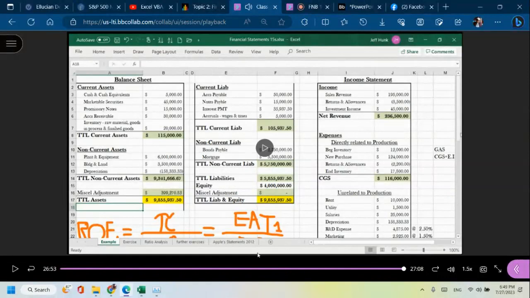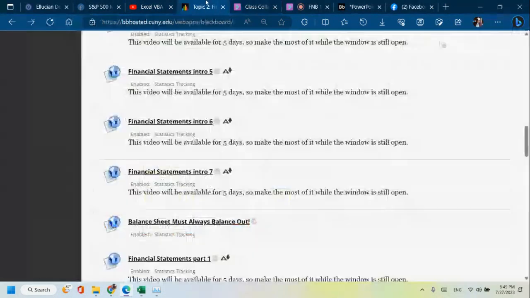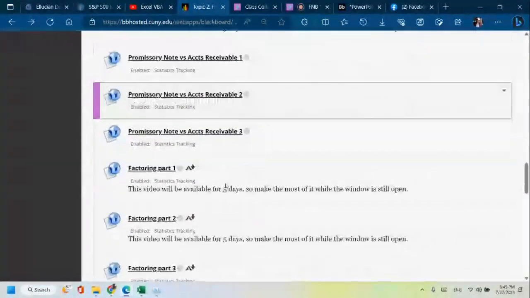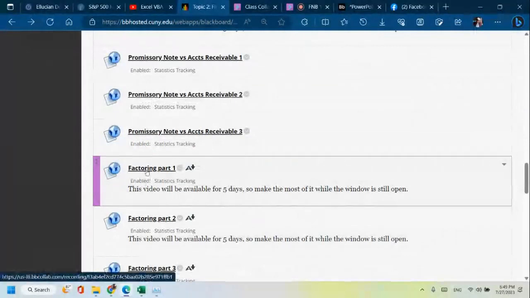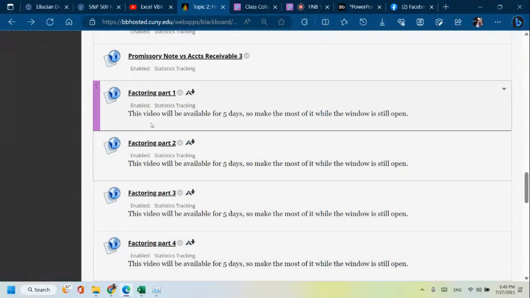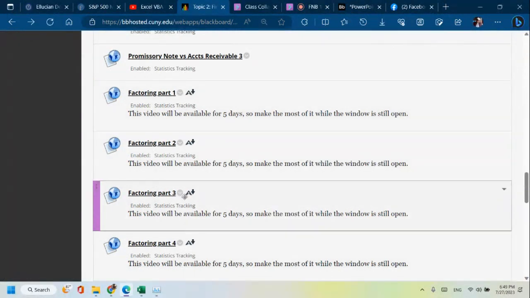All right. So, as I said, we're not going to go into financial statements part 1 and 2, but I strongly recommend you. We're going to look into factoring. What factoring means, right? Okay.